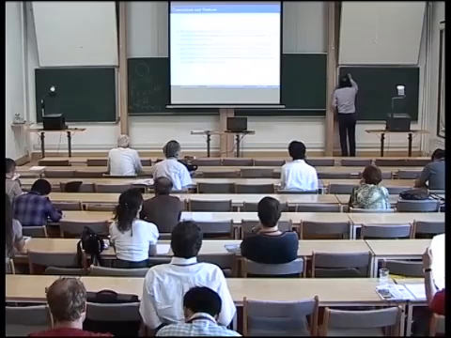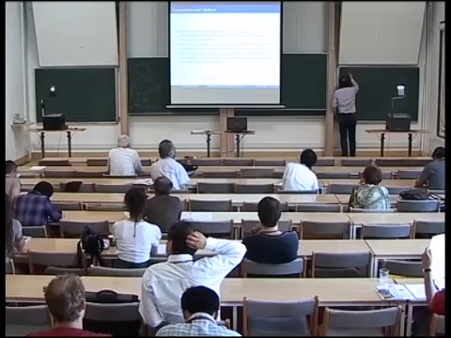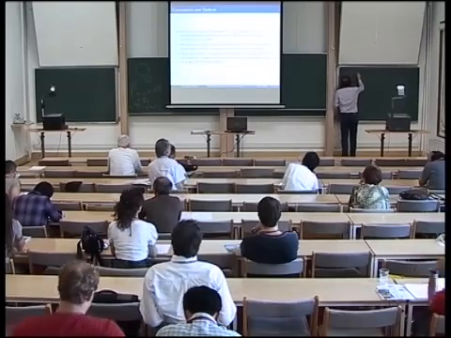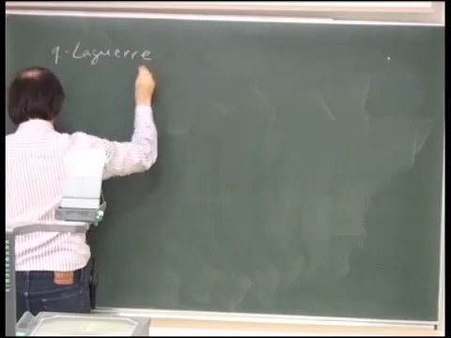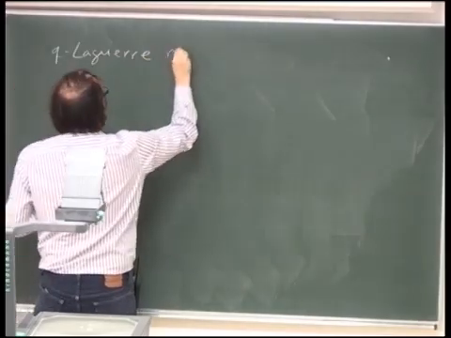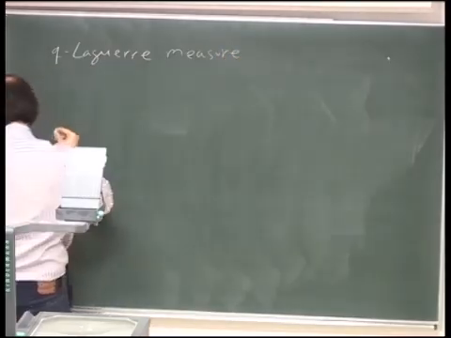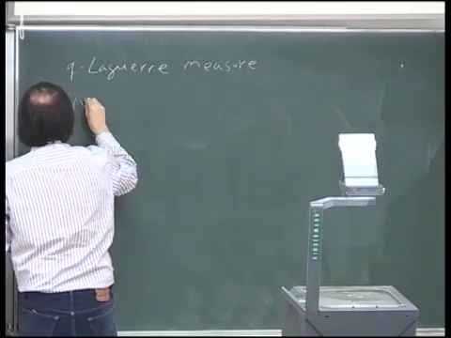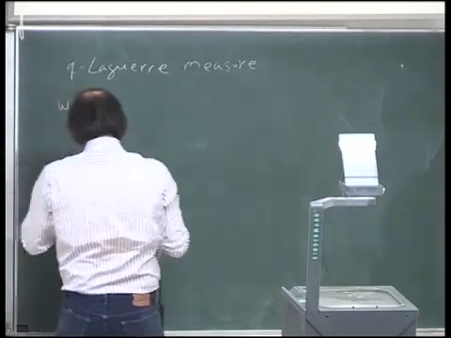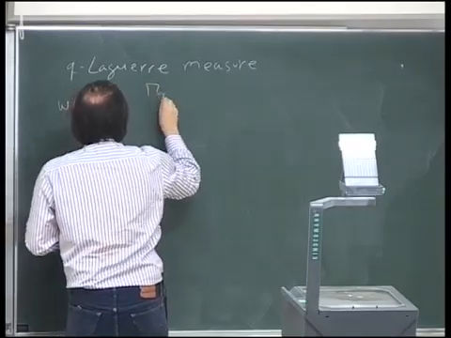We consider the normalized Q-Laguerre measure, which again is an indeterminate moment problem, so you have others. But for the practical computation of the polynomials, you just maybe need one.